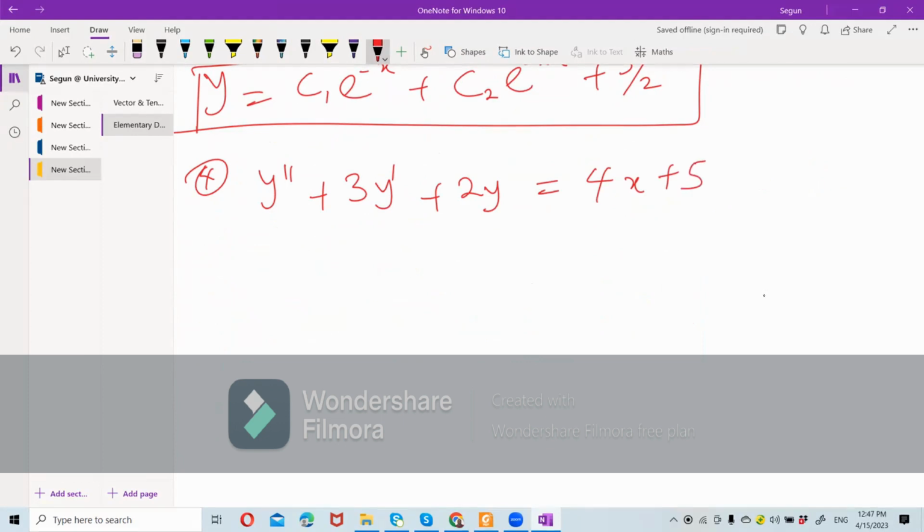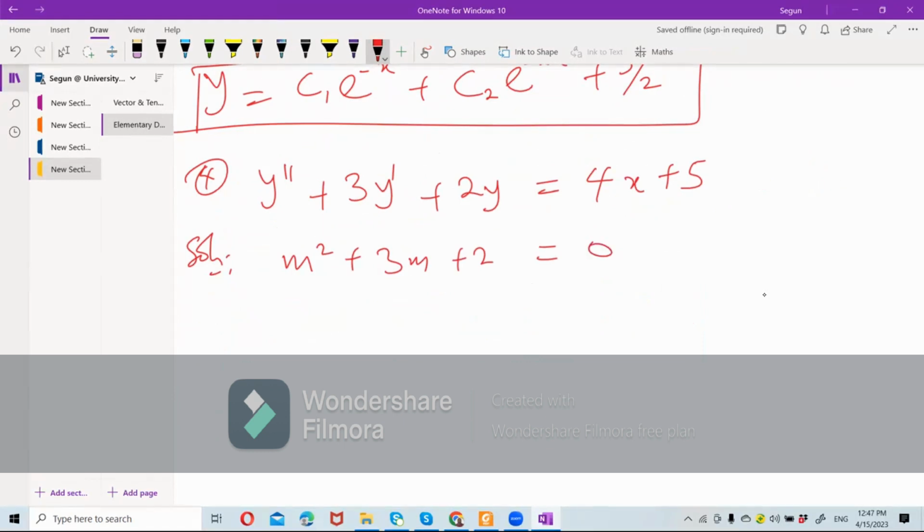Now, solution: we have m squared plus 3m plus 2 equals 0. Now, is it linear or quadratic or constant? It's linear. Please take note of that. Your g of x is a linear equation. Go and check the meaning of linear.